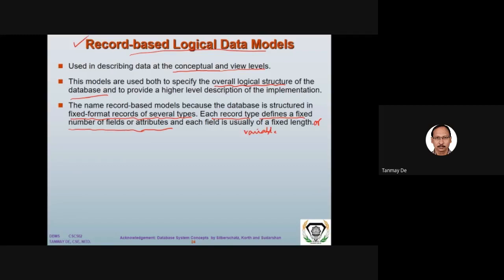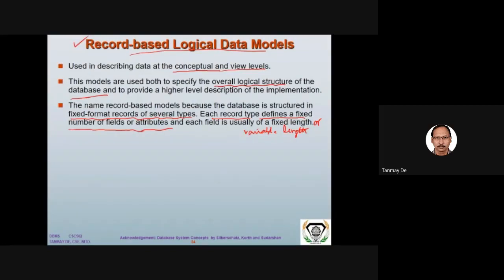That is why it is known as the record-based model: the database is stored in fixed format records of several types, and each record type is defined as a fixed number of attributes or fields, and each field is usually either fixed length or variable length.